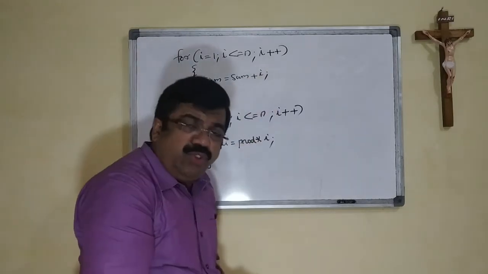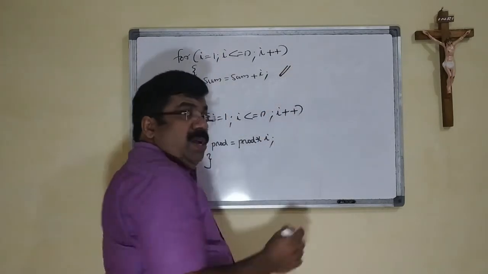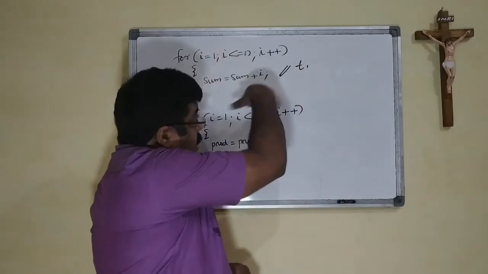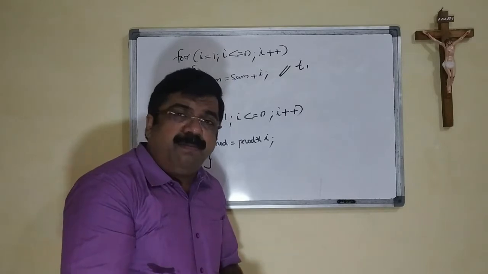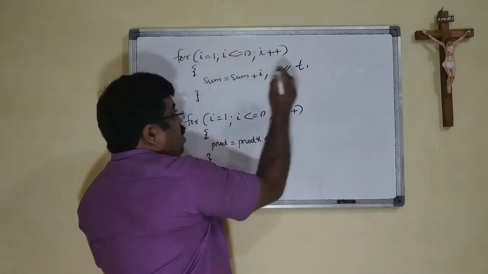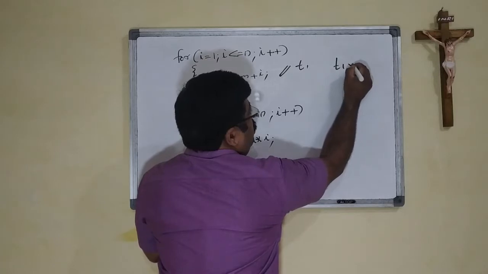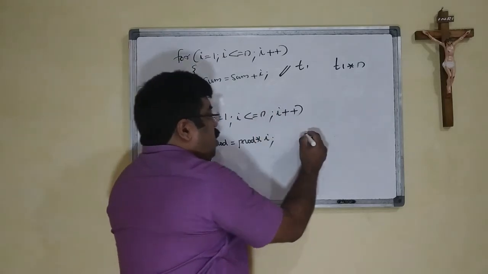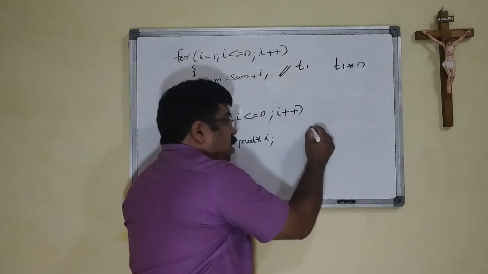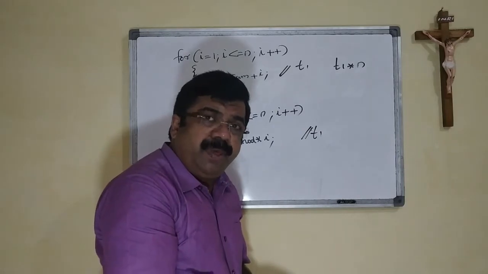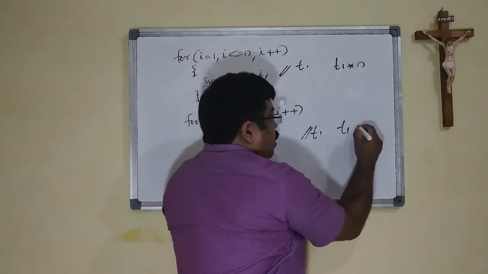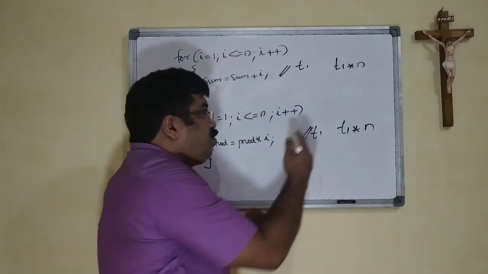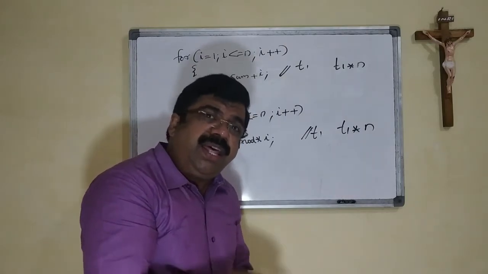In both the cases we assume the first loop is taking t1 seconds for the iteration of the complete loop. So we are getting t1 into n number of times there. The second loop is also using t1 time. So we can say t1 into n, that is t1n and t1n.